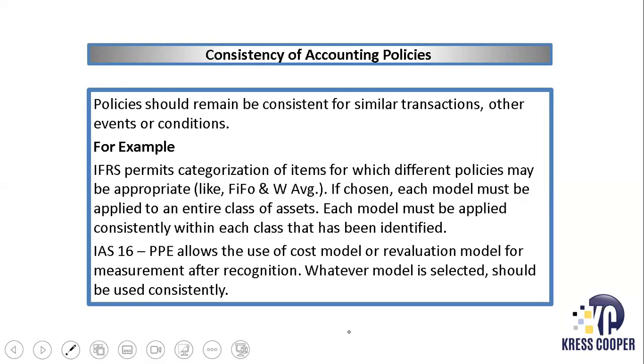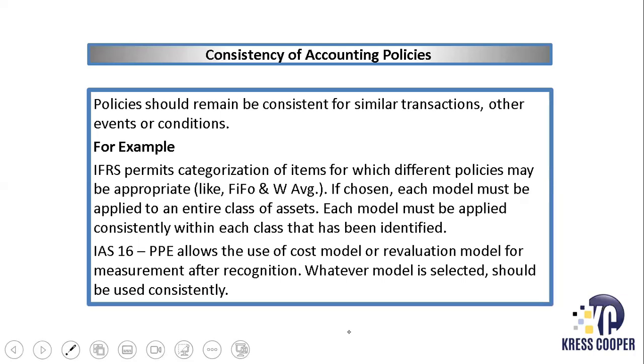Supposedly, if we are following FIFO for a specific inventory to measure its cost, we cannot in the next year change it to the weighted average, and then in the year after that to FIFO, and then again weighted average. This is not consistency, because the end result would be different, and the financial statements, as I told you earlier, would no more be comparable.